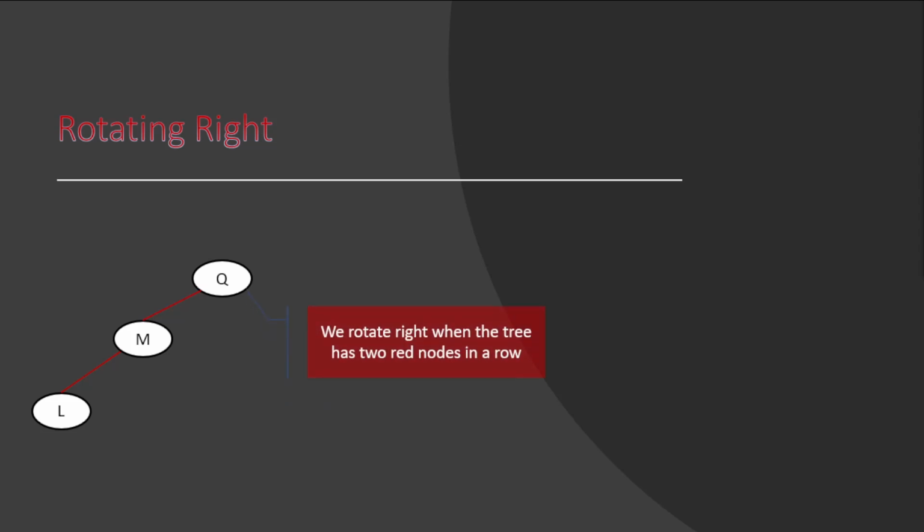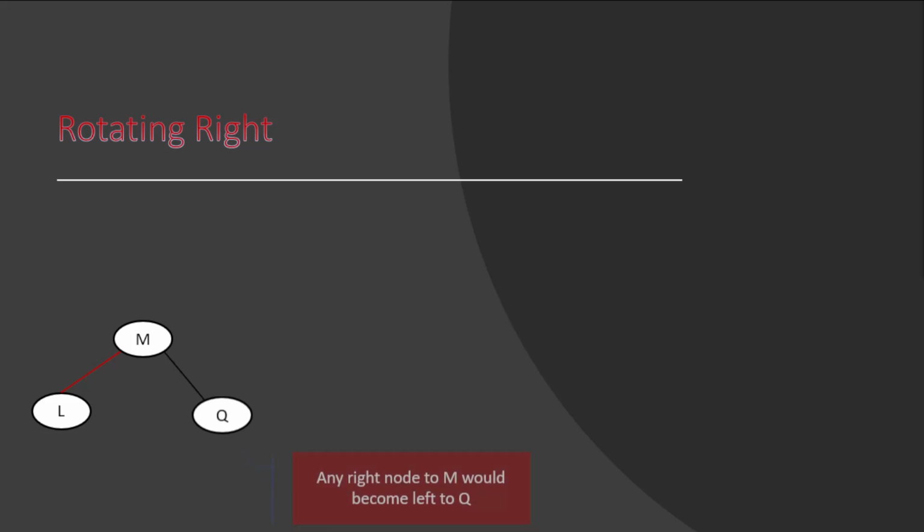Essentially, all we need to do is to change M such that the child of M becomes its original parent. Now, you might not have expected that, right? You might have said, oh, shouldn't we put M to the right of Q and L to the left of Q?